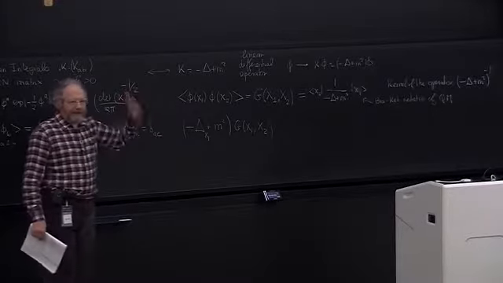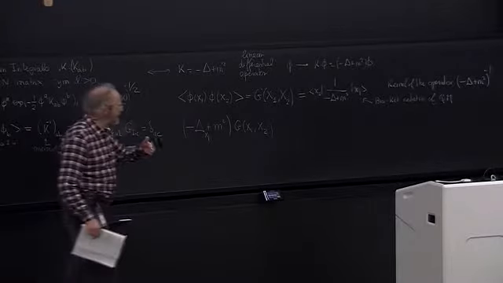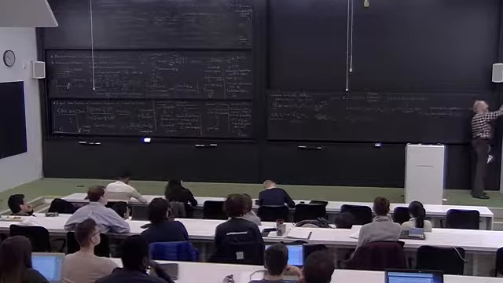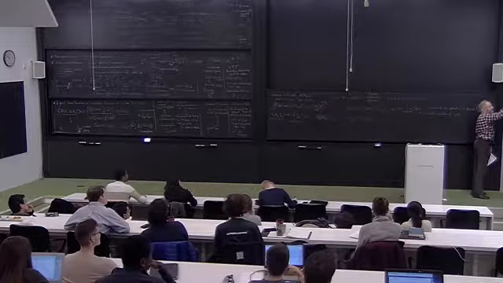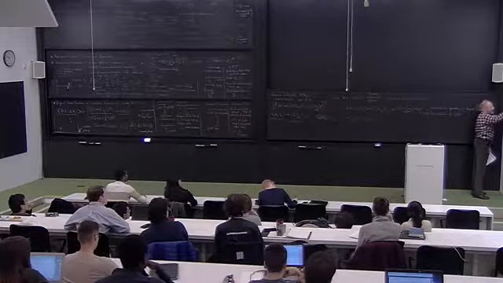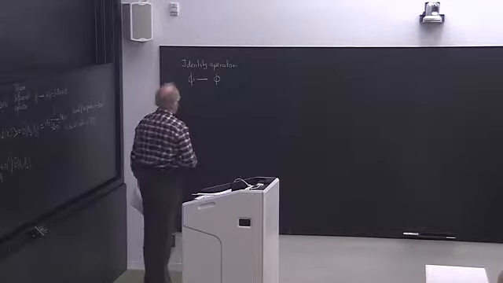Consider the identity operator acting on the space of function. What is the identity operator acting on the space of function? It's to a given function, it gives phi. So what is its kernel?